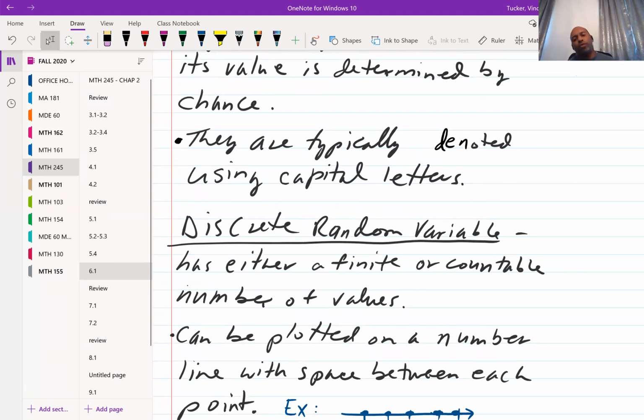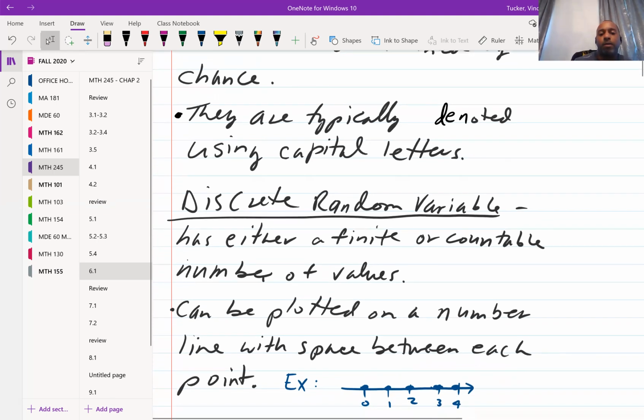The first one, a discrete random variable, has either a finite or countable number of values and can be plotted on a number line with a space between each point. In other words, if you can actually count it and there's no discrepancy in it, you'll see what I mean when we look at the other type.